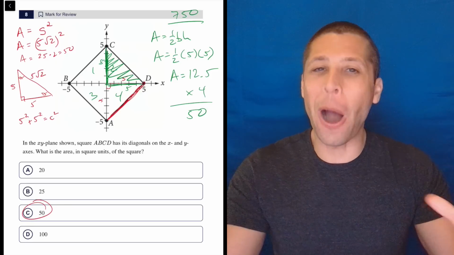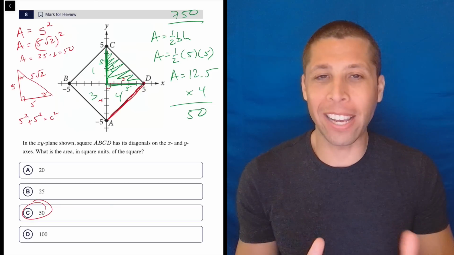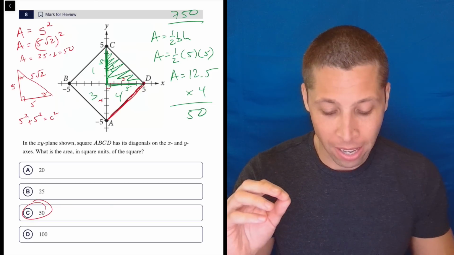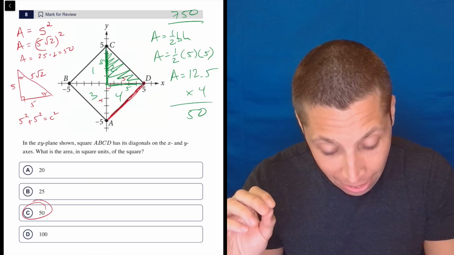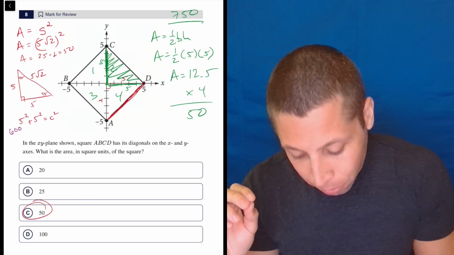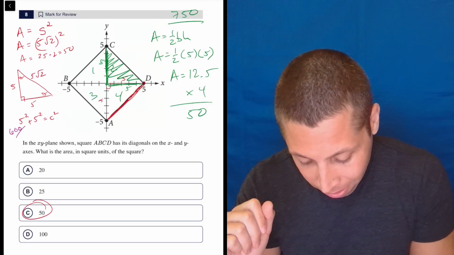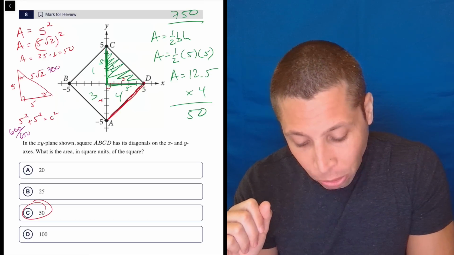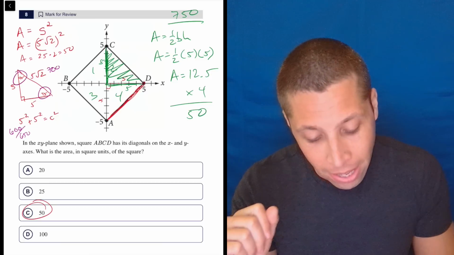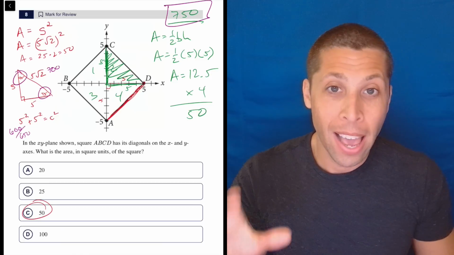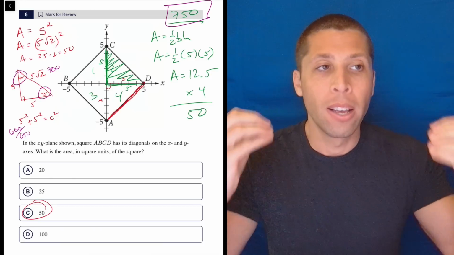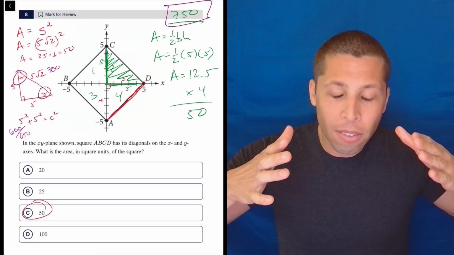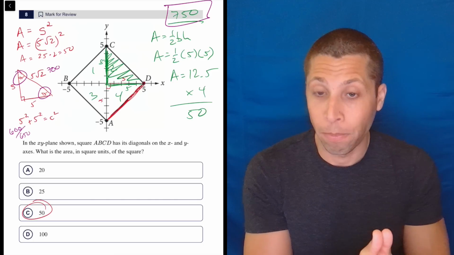Now look, is that much faster than getting it the other ways? I don't know, but that's not really what I think of when I say there's the 600 level way of getting it by doing the Pythagorean theorem, or the 650 level way. Then there's the 700 level way, which is the special right triangles, the 45, 45. And then there's that 750 way. The 750 way is about seeing the smoothest path to the answer.